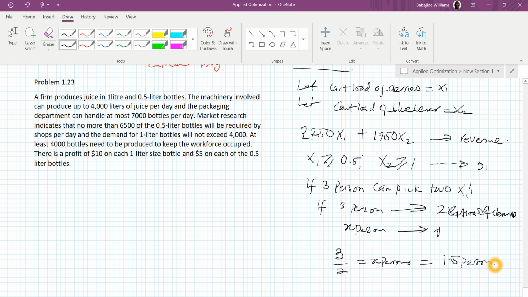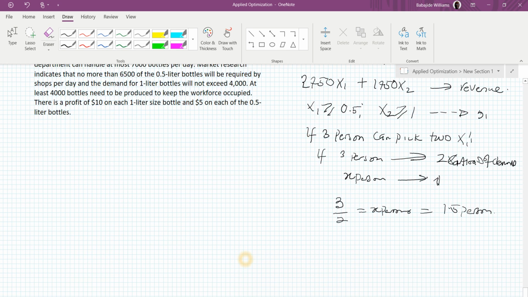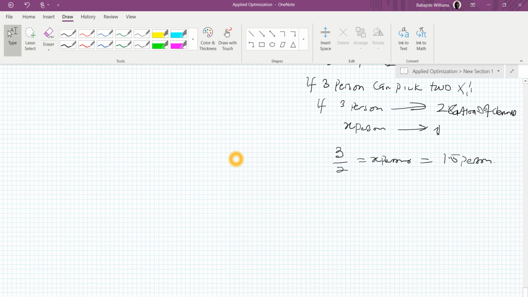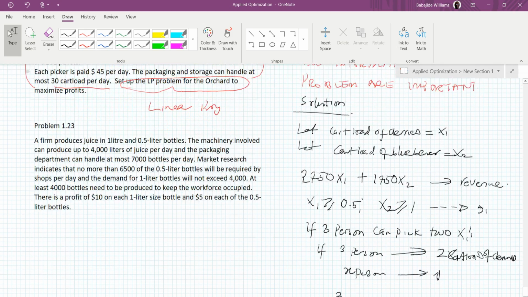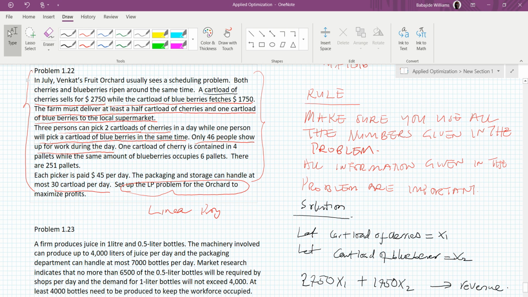Okay, so don't get lost here. 1.5 persons will pick, and why do we want 1? Because the question says the firm must deliver at least half, then 3 persons can pick 2 cartloads. So you have to break this down so that you can find 1 cartload, because its counterpart, which is blueberries, is 1 person.